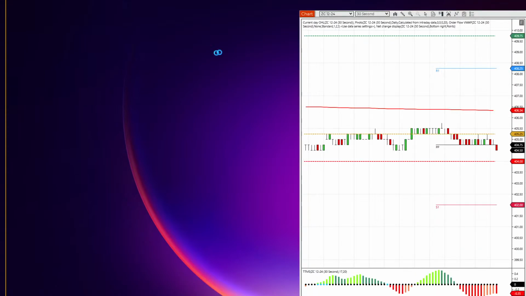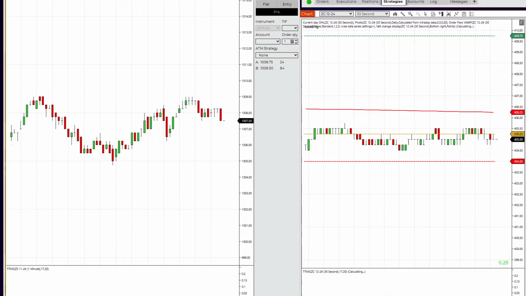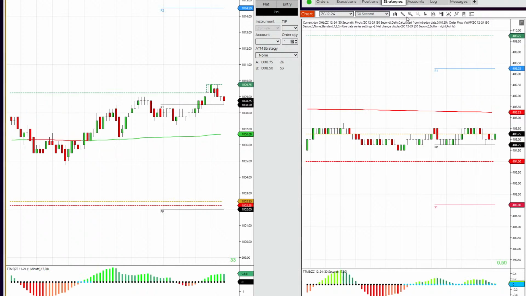In my opinion, if you get an error with the platform or something's not working, and you've only got 30 seconds left before the trade, don't rush and take the trade and goof up and have a loss because you didn't get things set up properly. What's the big deal if you just miss the trade? Life isn't going to end. We go over this all the time. Things happen.